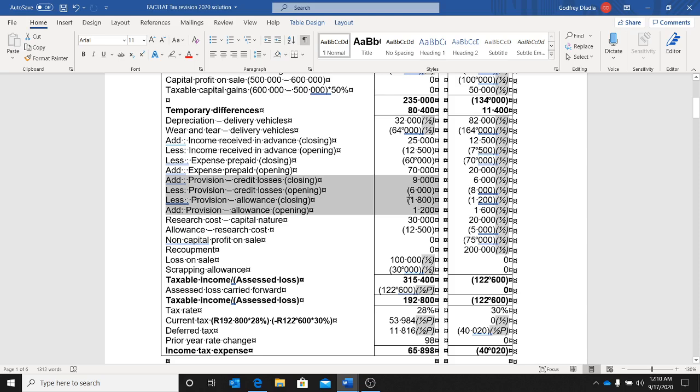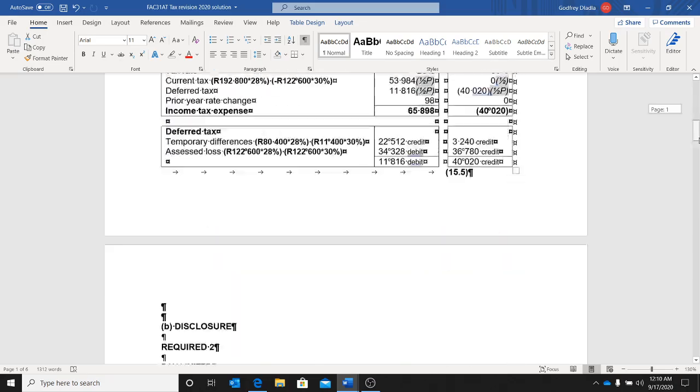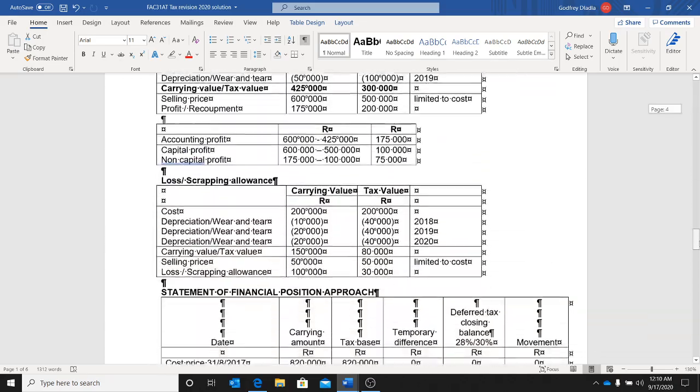Now take 9,000. 9,000 minus 6,000 minus 1.8 plus 1,002. It's 2.4. But you see the 2.4 comes out as a positive amount, meaning it is deductible. Deductible equals asset. Multiply that by 28%, the tax rate. It gives us 672. There we go.